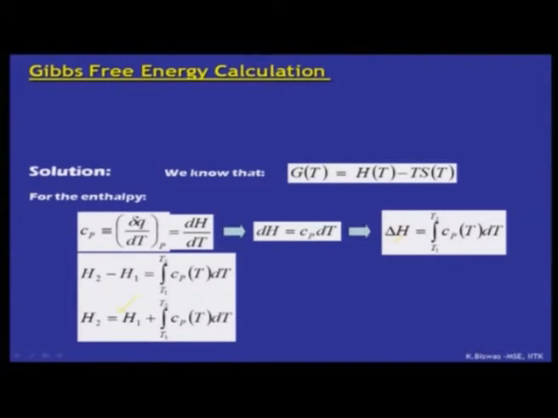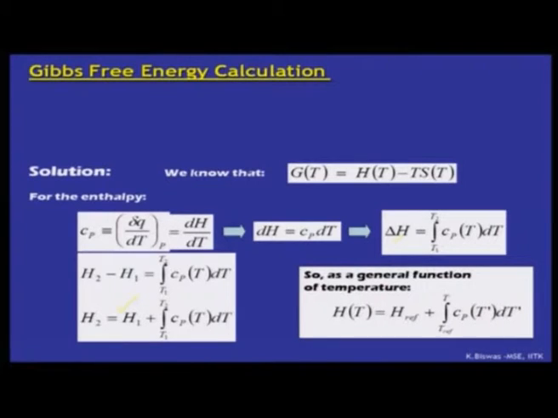So it boils down to this: enthalpy can be easily calculated by knowing the Cp of any material, Cp of iron, Cp of any phase. If I know it, I can calculate the enthalpy easily. Now, what is S of T? Before I go to S of T, this is the general formulation. H of T is nothing but H reference plus the integral of Cp dT. The reference is at a value of certain temperature, which is 25 degrees Celsius and normal pressure.